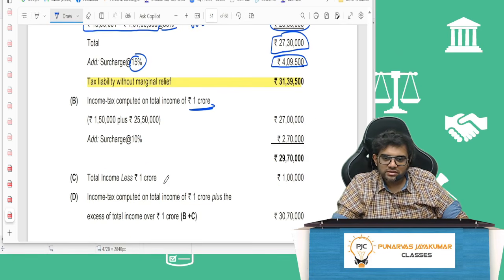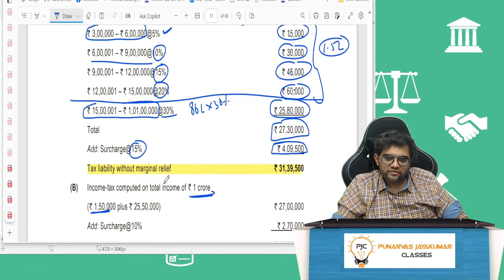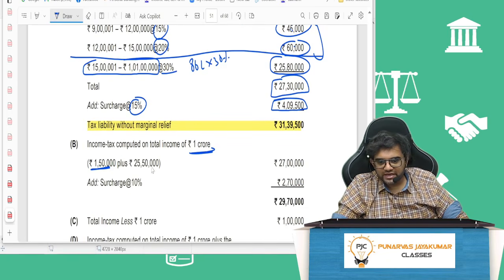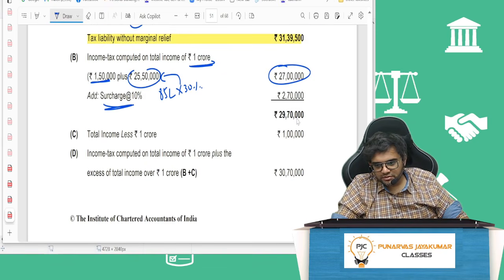Plus from 15 lakh to 1 crore, that is for 85 lakhs. 85 lakh into 30% is 25 lakh 50,000. But since it's crossing 50 and less than 1 CR, my surcharge will be 10%. So 29 lakh 70,000 I'm paying.